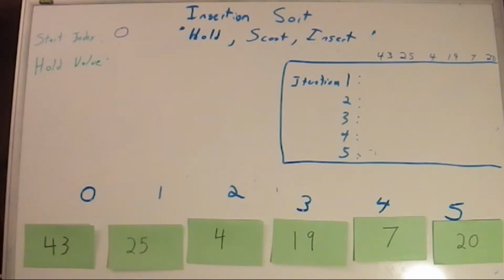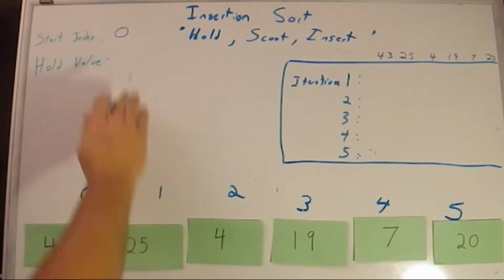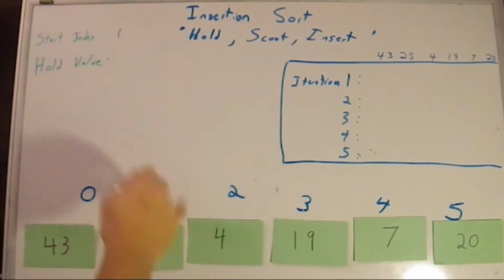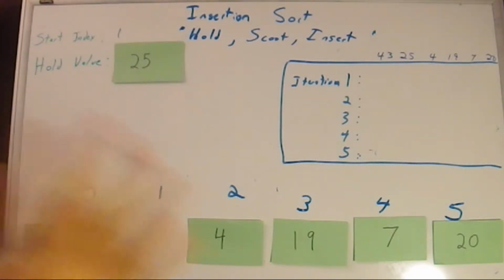We're going to keep track of the iterations as we go through the sort. So when we start with index, rather than starting with index 0, we're going to start with index 1. So we're going to hold the value, start the index with index 1. The hold value, we take and hold it in a temporary value somewhere.